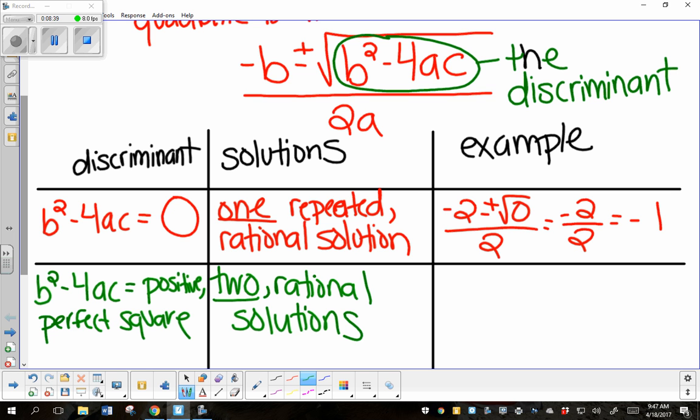So, every teacher's dream. For an example, for all these examples, I'm going to keep this -2 and 2 the same just to make it simple. We might have -2 plus or minus the square root of 64, a positive perfect square, over 2.